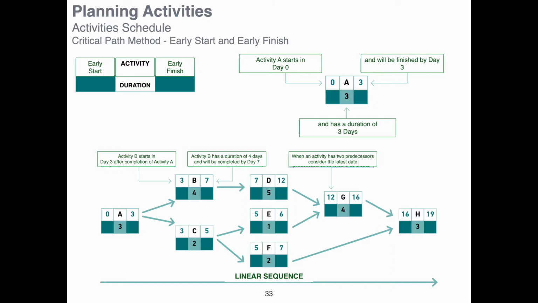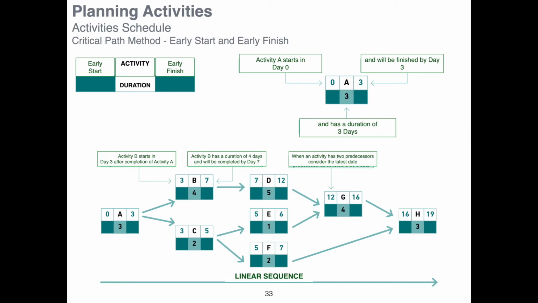Activity B starts on day 3. It will have a duration of 4 days. The early finish date will be on day 7. Activity C will have a duration of 2 days, which means that it can be finished on the 5th day of project implementation. So on and so forth.